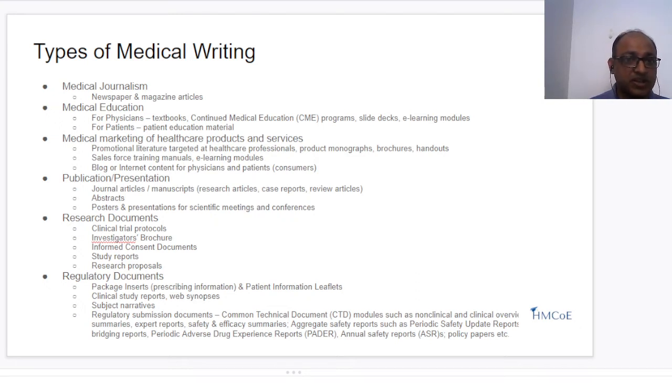Then there is medical marketing for healthcare products and services. The pharmaceutical and medical device companies will require this kind of document. Then another type of writing is publication or presentation. As you can see, this looks like a very dirty slide.